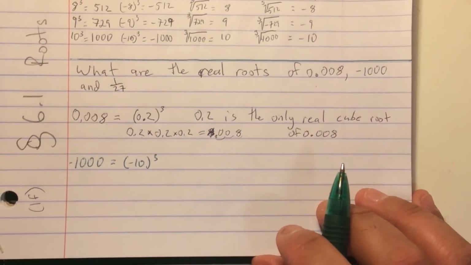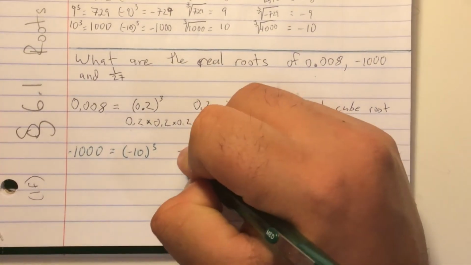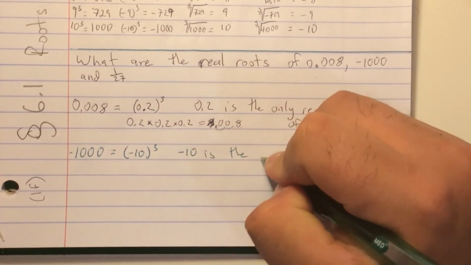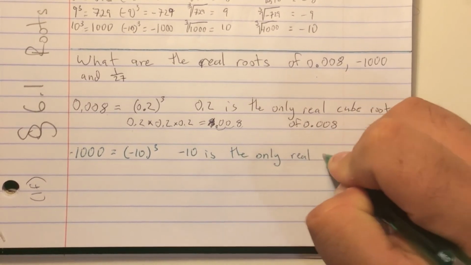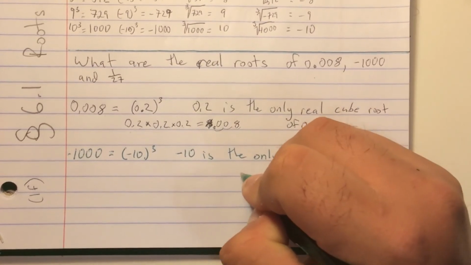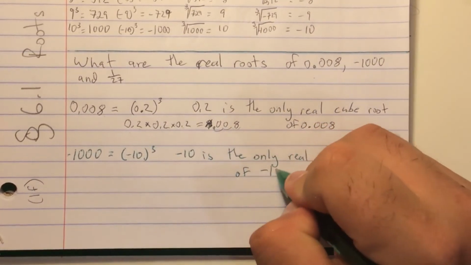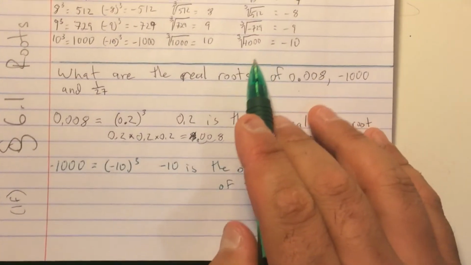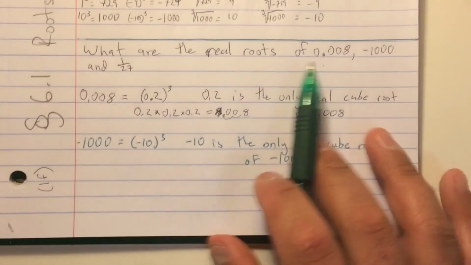Our conclusion is negative 10 is the only real cube root of negative 1,000. That's a perfect example of our pre-work working out for us.